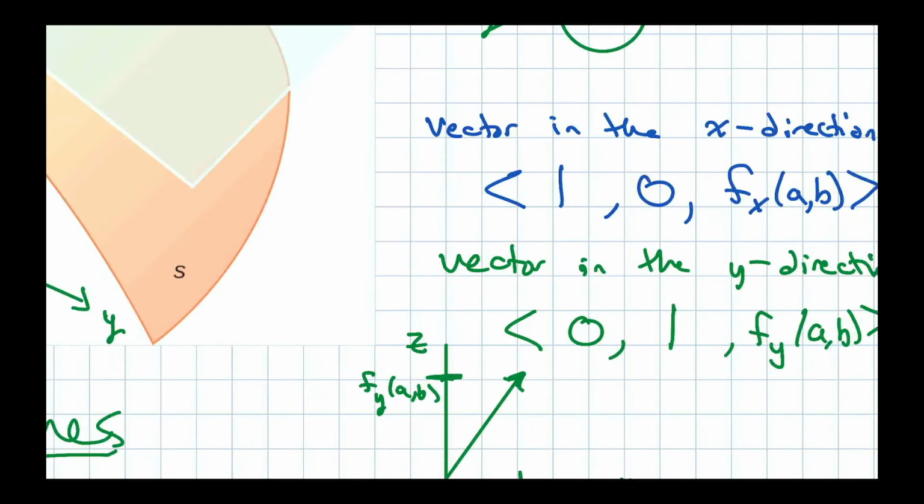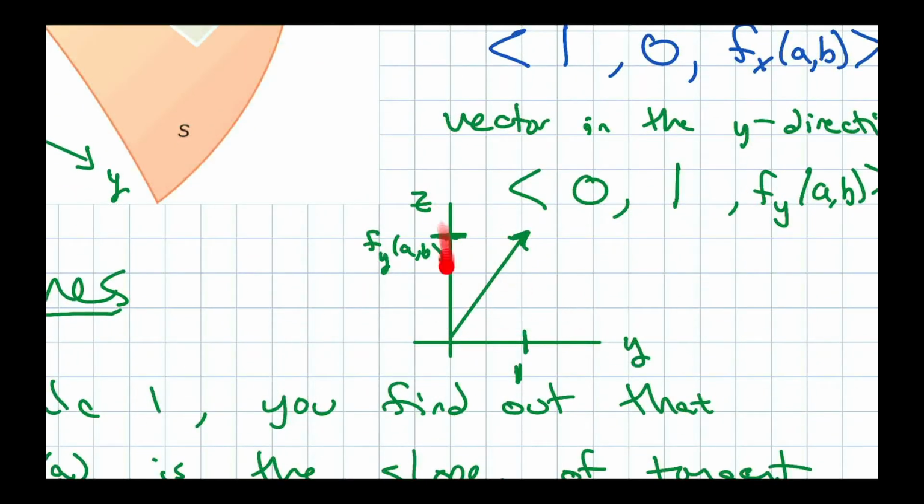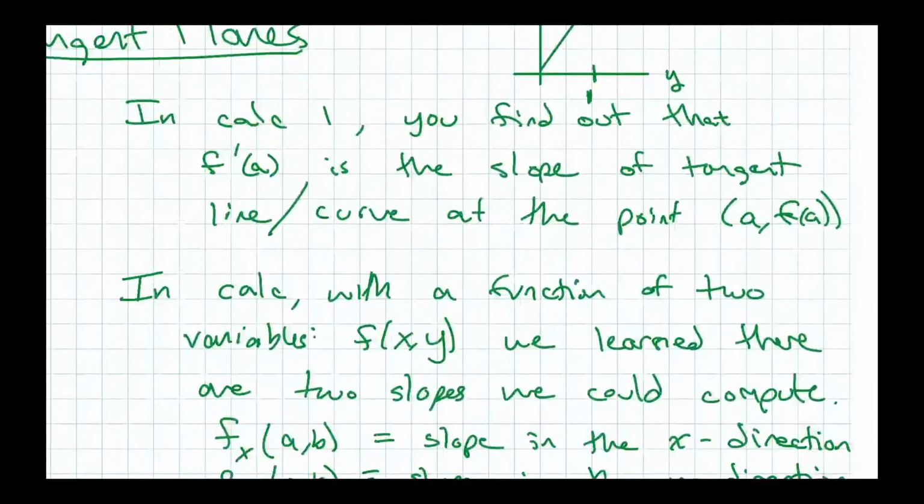So that's why you have these zeros. The fx and the fy are slopes, but you can think of them just as slopes in a 2D plane because we threw out one of the variables already with it being 0. So if you're looking at what's left, this is going to give you a slope of fy, and this one's going to give you a slope of fx. Hopefully that's not too complicated.